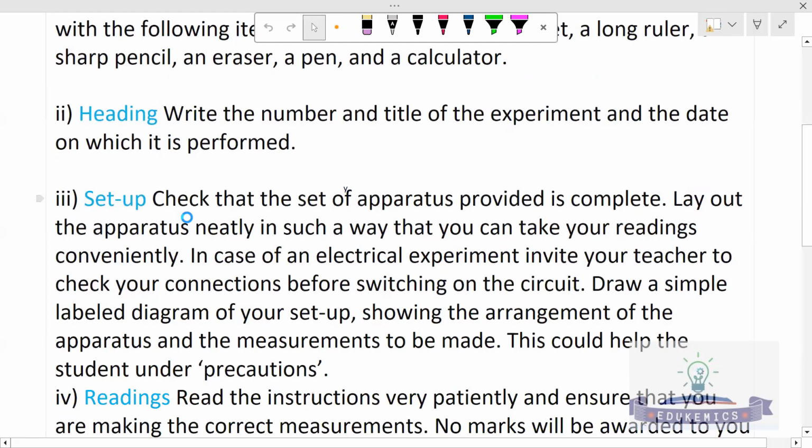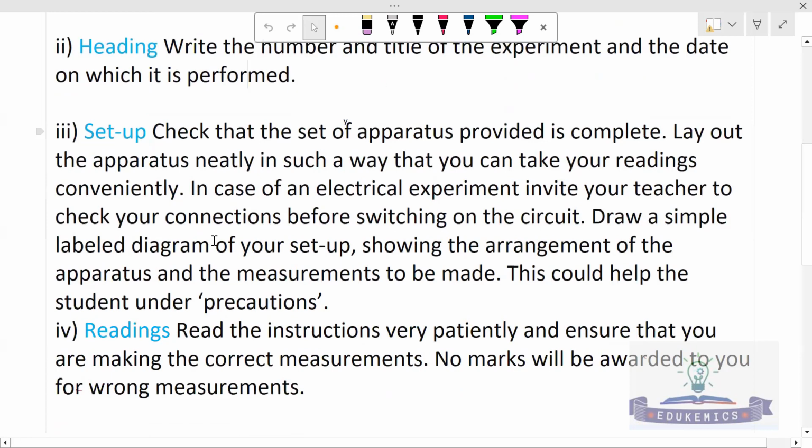The instructions are given on how you set your apparatus. So if you read the instruction carefully and follow through it and set it up the way the diagram has been given. So check that the set of apparatus provided is complete. Lay out the apparatus neatly in such a way that you can take your readings conveniently.